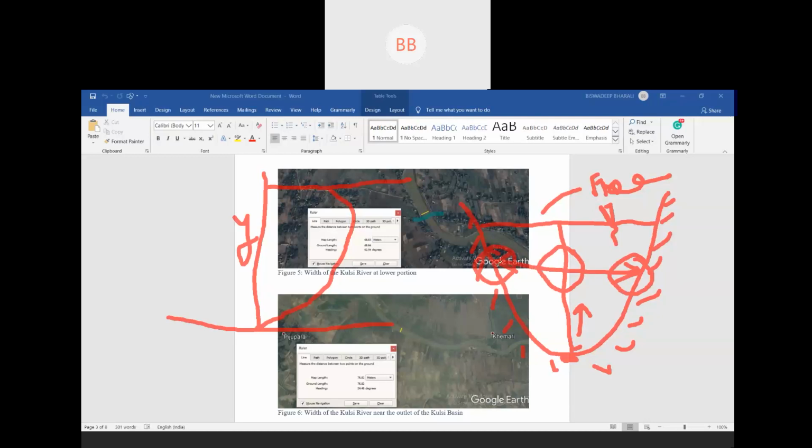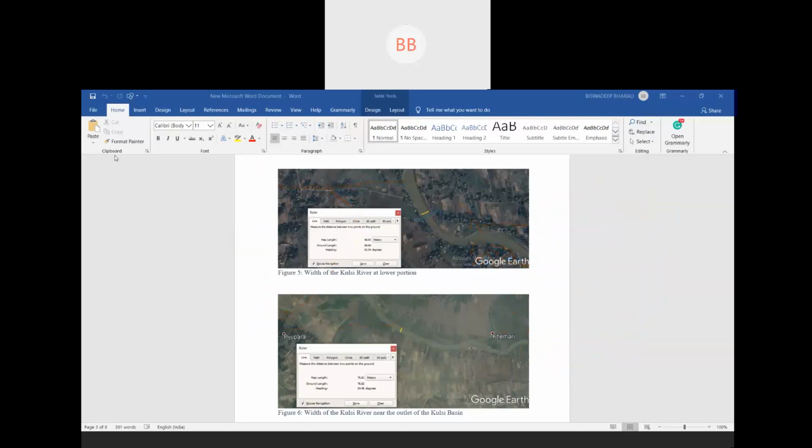So you can see the velocity is varying in this way and in this way also. So it is very difficult to measure velocity in a natural channel. So that's why we need to study the distribution of velocity in an open channel.